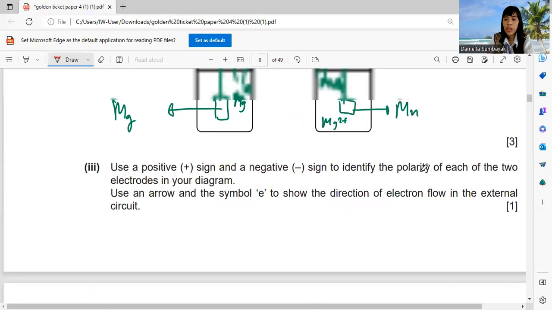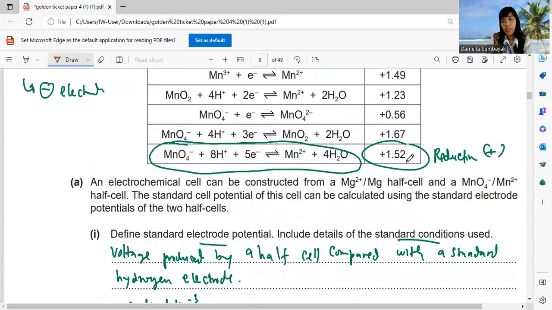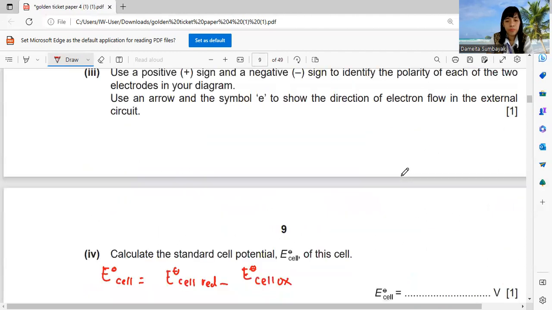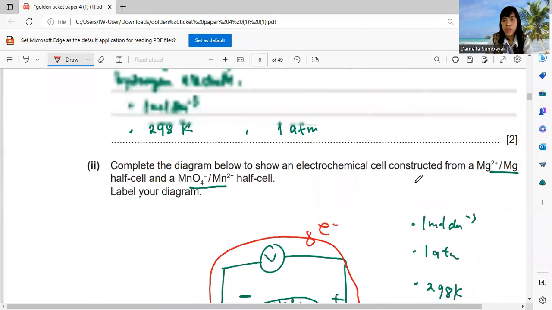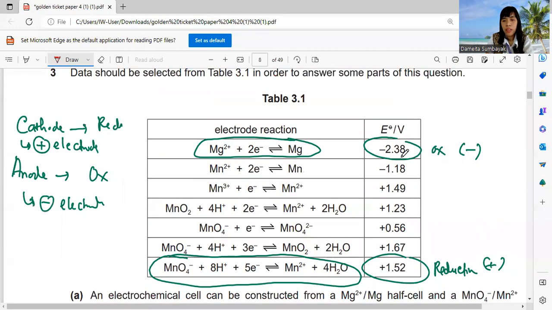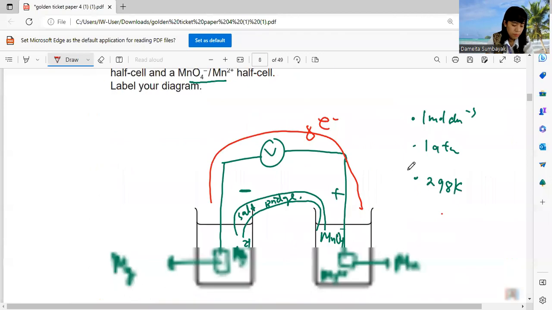You know here reduction is positive 1.52 volts, and for oxidation we have negative 2.38.